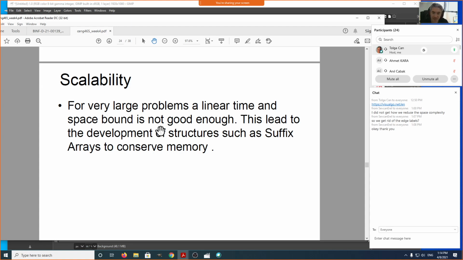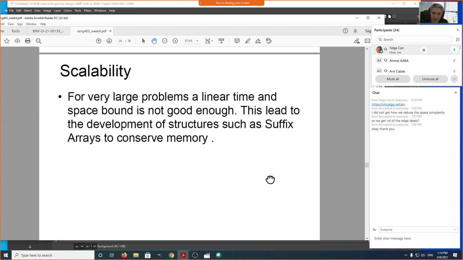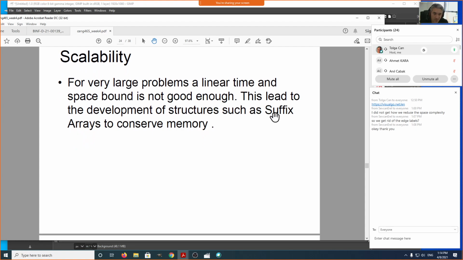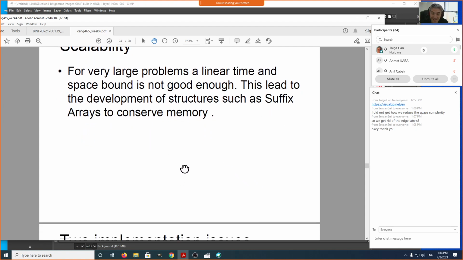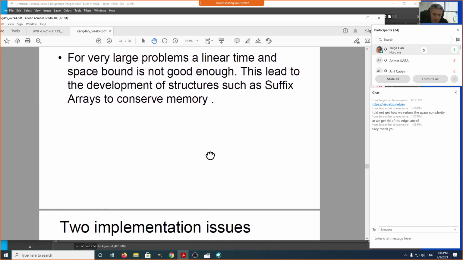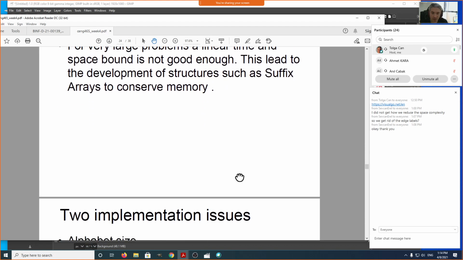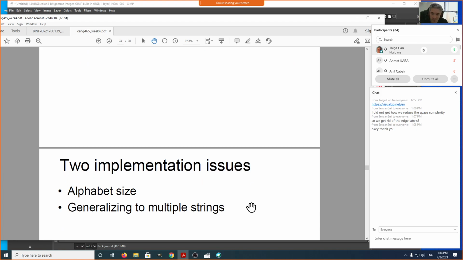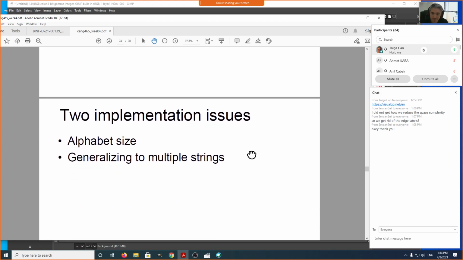If you cannot afford that, sometimes that constant factor is practically important, even if it's double the size, quadruple the size. Even if it's constant, it may be prohibitive for certain practical applications. Therefore, there are also variations of suffix trees like suffix arrays, which are really, really efficient. I'm going to talk about suffix arrays as well until the end of the course today. The idea is really simple, actually.